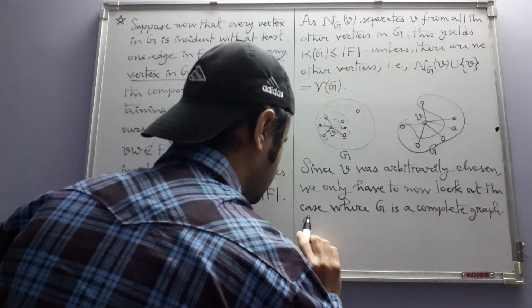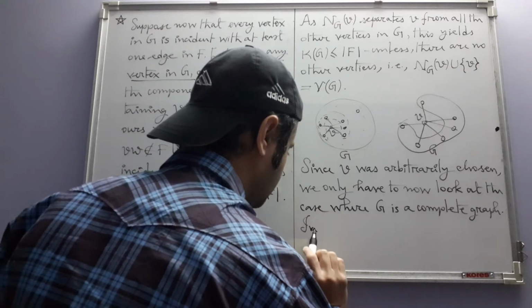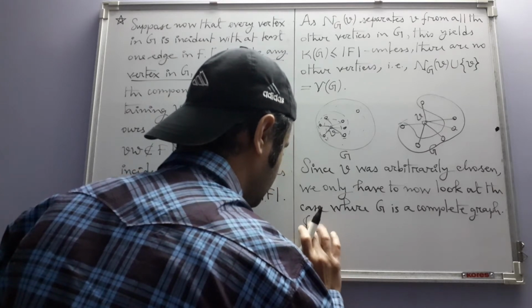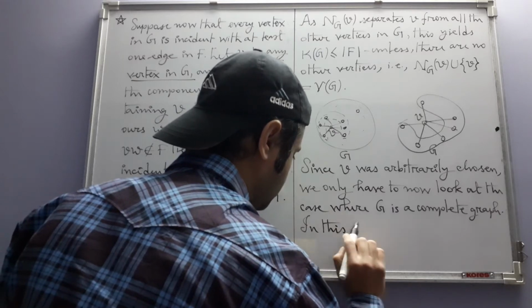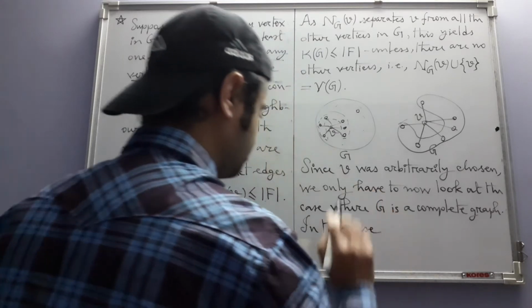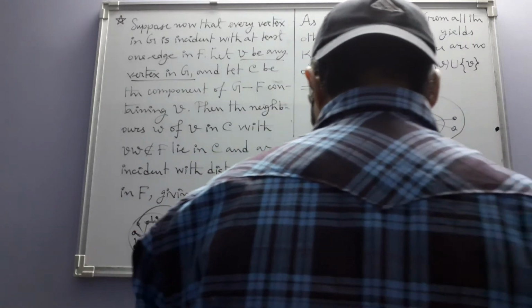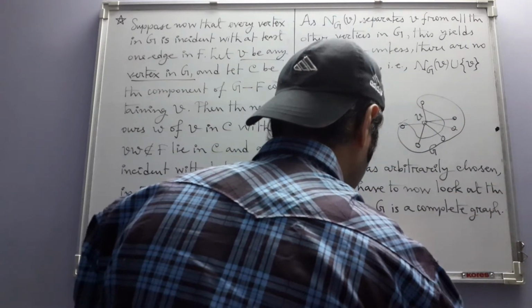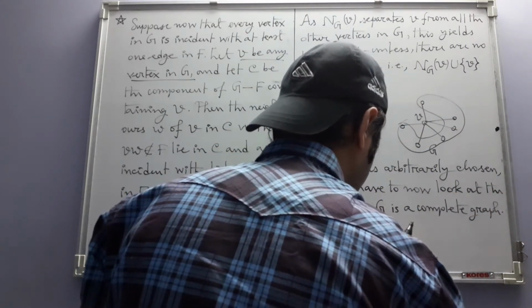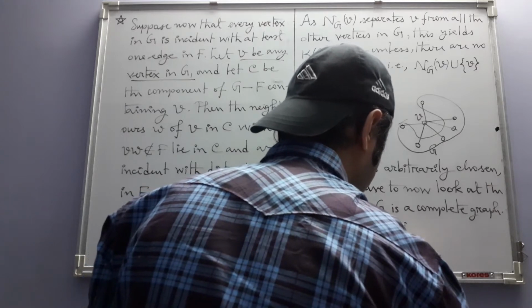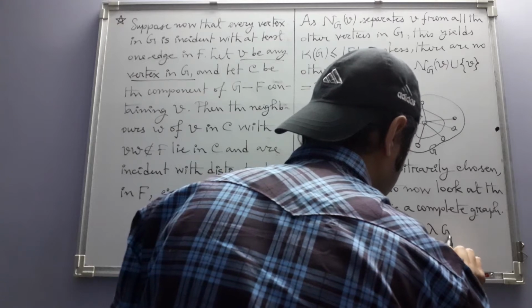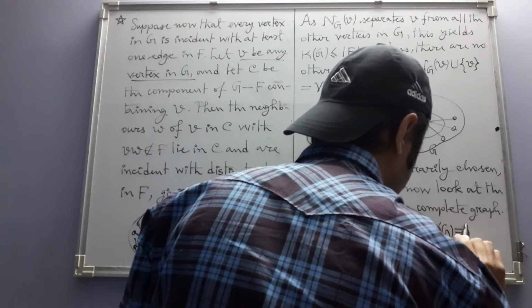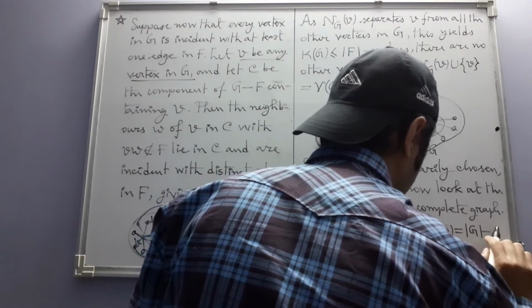In this case, both the connectivity of G and the vertex connectivity are equal to the order of G minus 1.